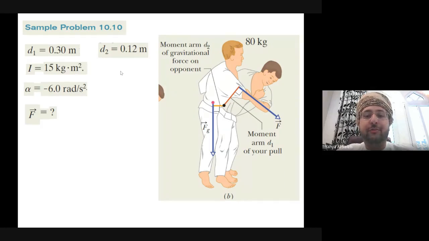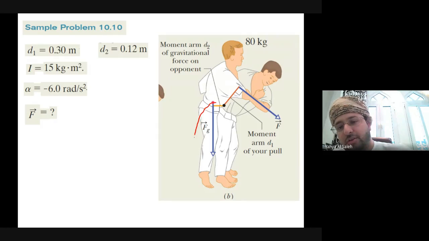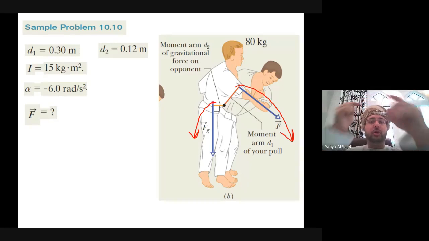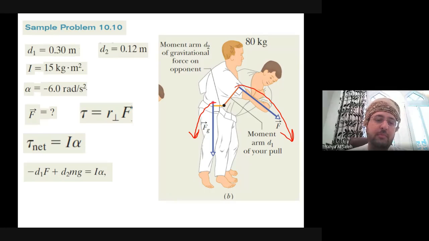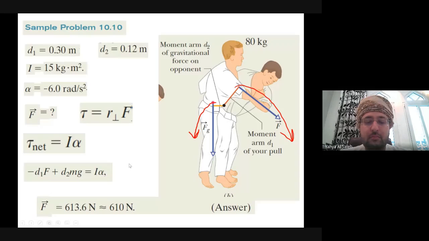The gravitational force on the opponent is different. So you have your gravity, which is trying to pull your friend this way, but you are trying to pull that way. So you have opposing forces or torques. Same, but now my torque is not only d1 F, it's also d2 m g. And I need to put in about double the amount of force.